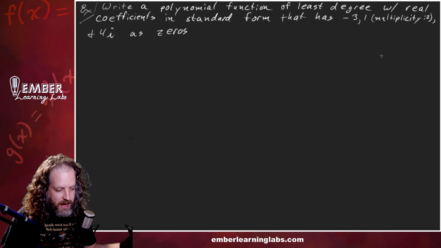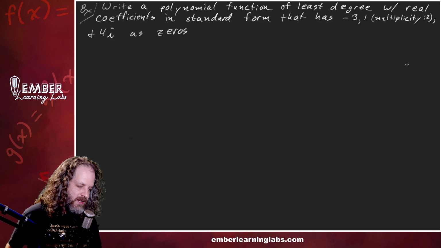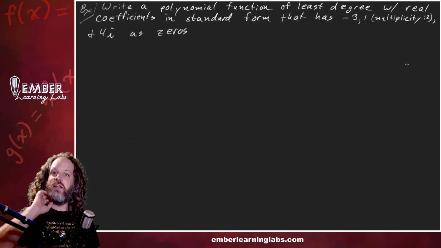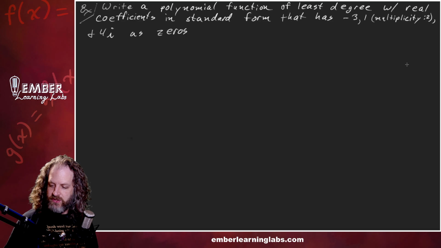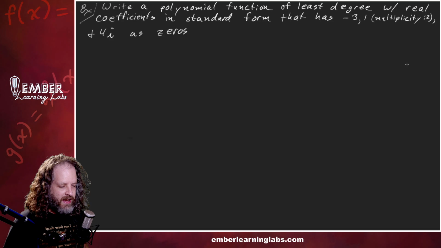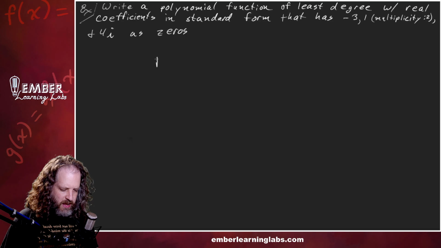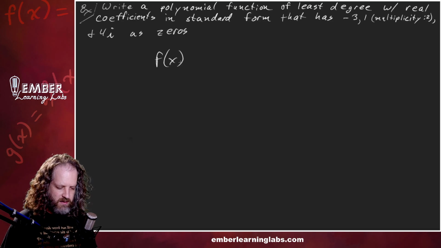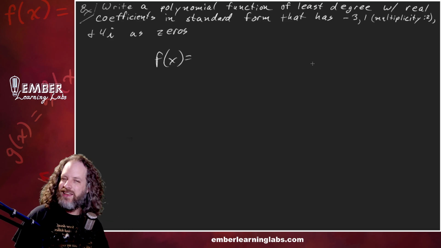Basically, these types of problems are really straightforward, which is why I teach this the way I teach it in here. There's no real reason for now to get the theorems written out formally for this. It's easier to just show you what to do. So this is going to be f of x equals, and for these real zeros, you do it like you'd expect.